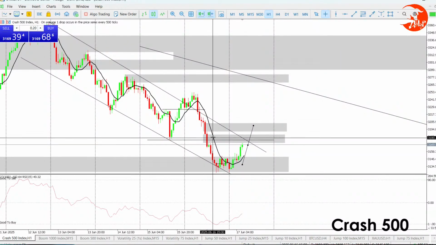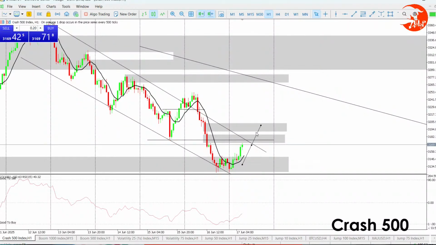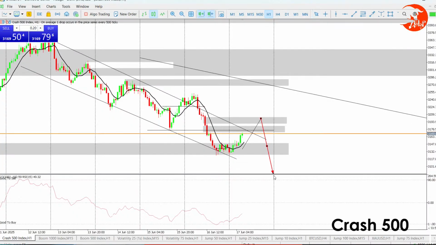So I can leave it as a breaker block, but I can also maintain that one up there as our Fib retracement level, and then we can anticipate sales from there, because it has to get some liquidity to increase its momentum to break through this support right here. So that would be one, or right from the breaker block. That's what we can anticipate today.